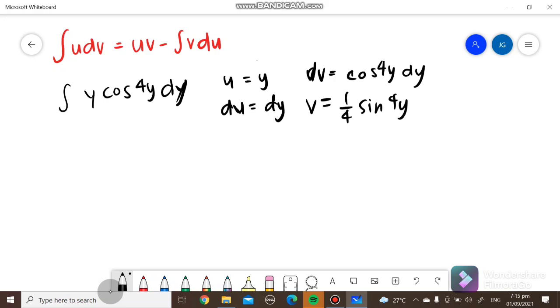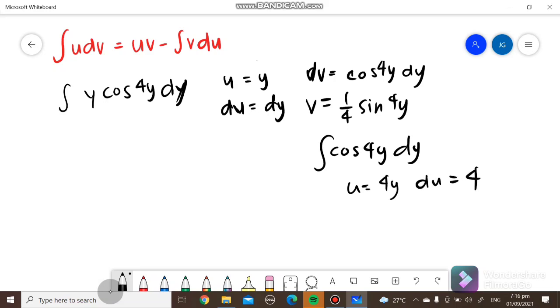Okay, so in this part, if you want to know why it turned out like this: we are integrating cosine 4y dy. We set u as 4y, and our du will just be 4. So we will have cosine of u multiplied by the value of dy, which is du over 4.